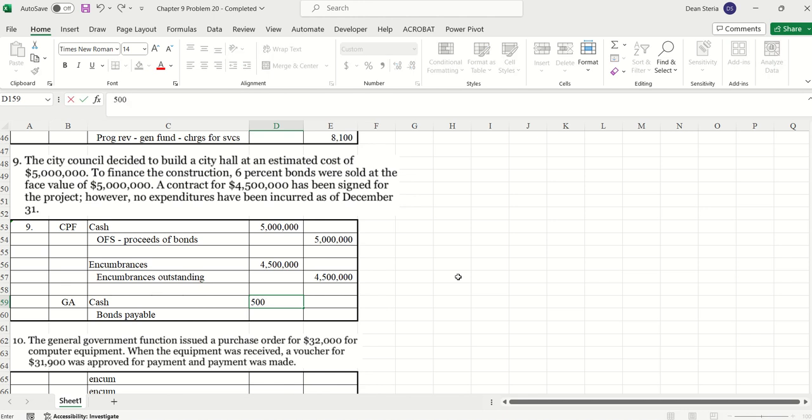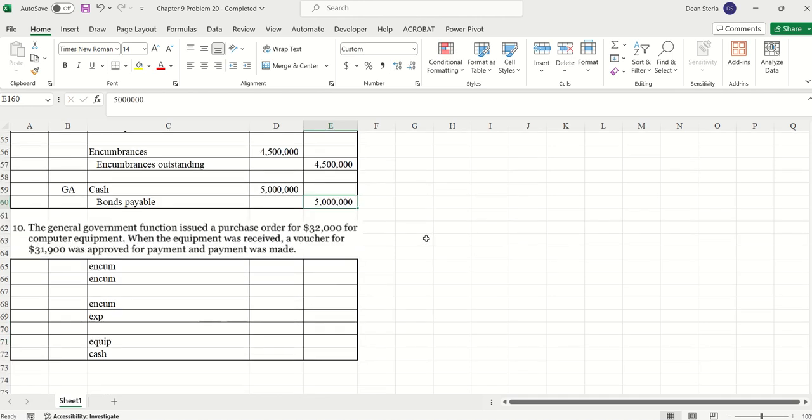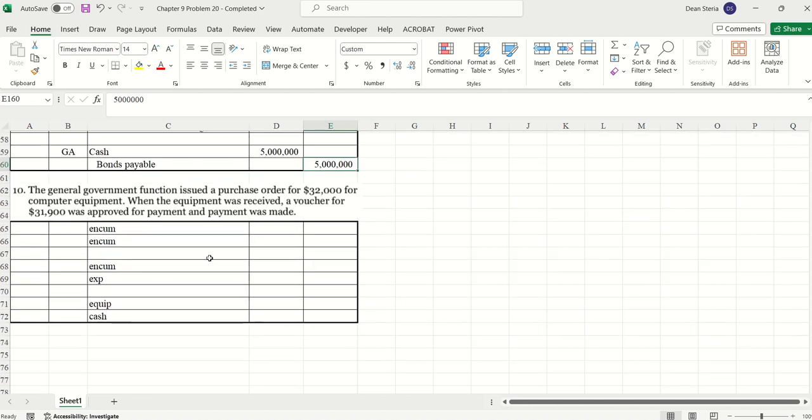Cash of 5 million because we issued it at par, and we owe 5 million. What a coincidence! We borrowed 5 million and we owe 5 million. Huh? Imagine that. Oops, and these need to go bye-bye.